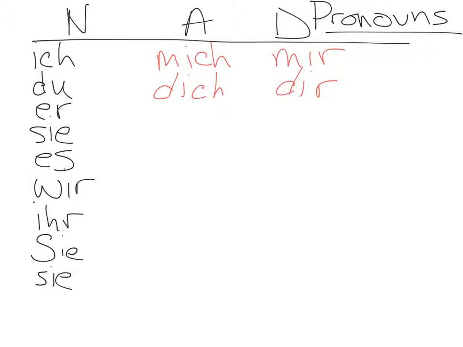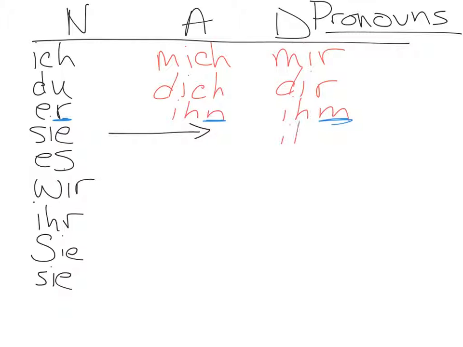Er. Ihn. Dative? Ihm. And you'll note the last letter matches masculine der, das words. So der, den, dem, er, ihn, ihm. Okay. What about sie? So it stays sie in accusative and changes to ihr.